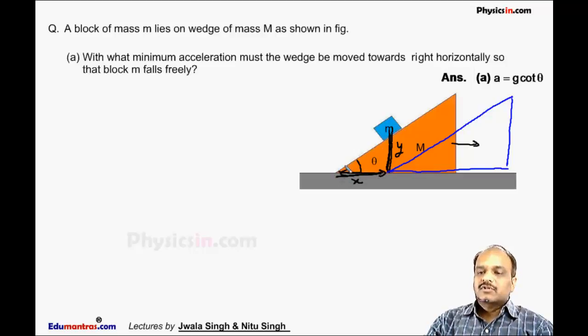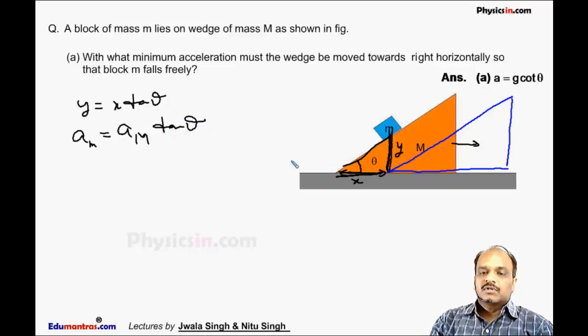So by this triangle, we can say y is equal to x into tan theta. Now differentiation of this, the acceleration of small m must be equal to the acceleration of capital M into tan theta, because theta here is constant. Now the acceleration of this small m is g because it is in free fall.